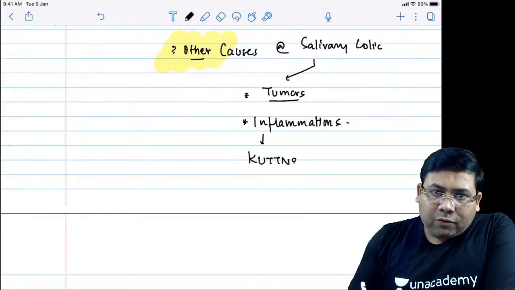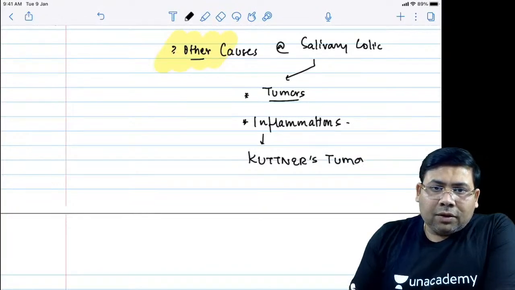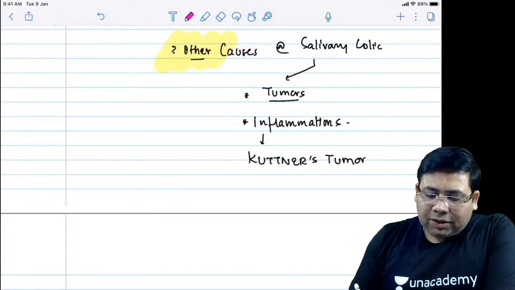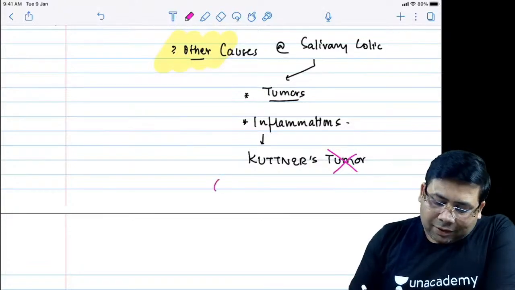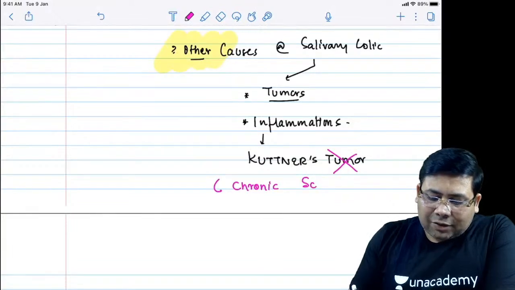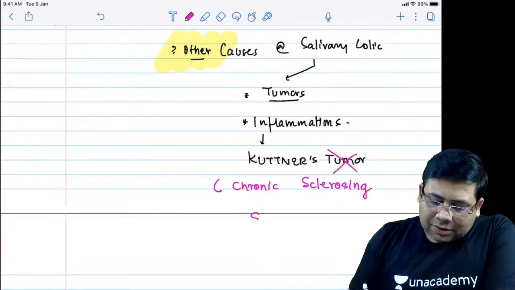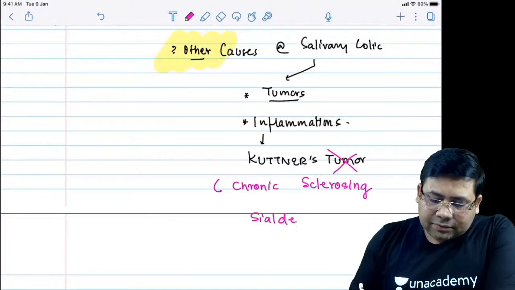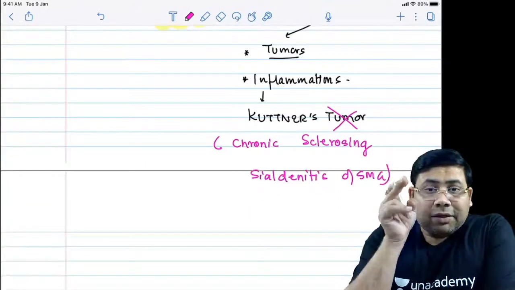Can anyone tell me what is a Kuttner's tumor? The word tumor is a misnomer. It is defined as chronic sclerosing sialadenitis of the submandibular gland. This is what Kuttner's tumor is.